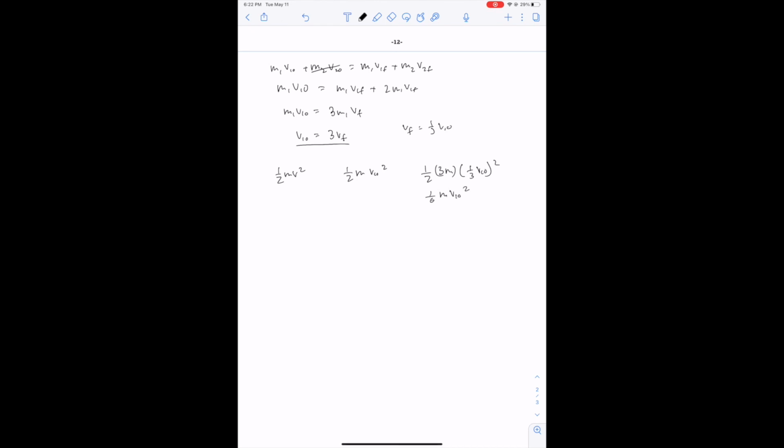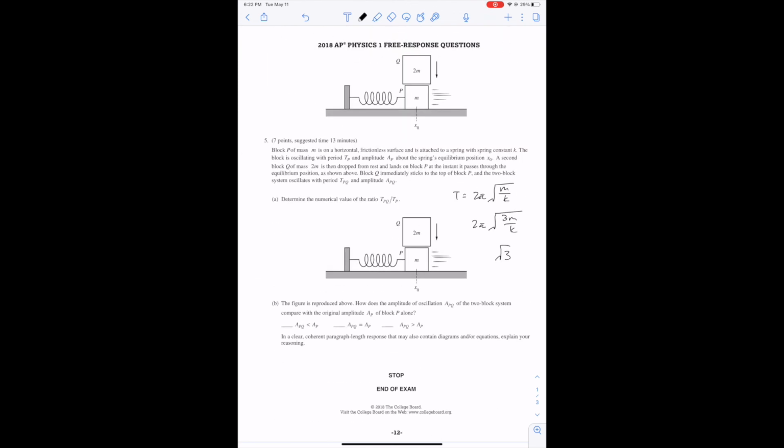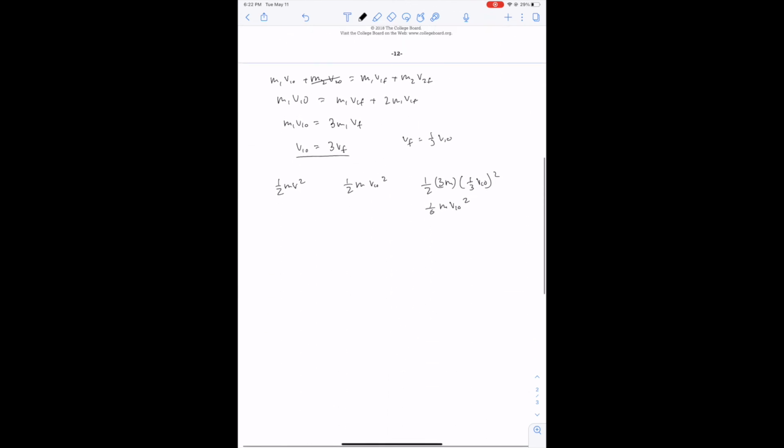So we can clearly see that the second one is going to be less than the first one. And if we consider that the potential energy at the point very furthest from the equilibrium, or where amplitude is at the maximum, is just going to be the entire energy of the system, we can compare this to the potential energy, which is 1/2 k A squared.